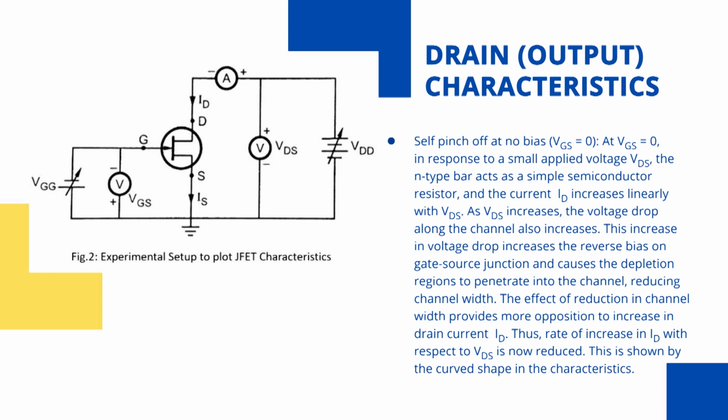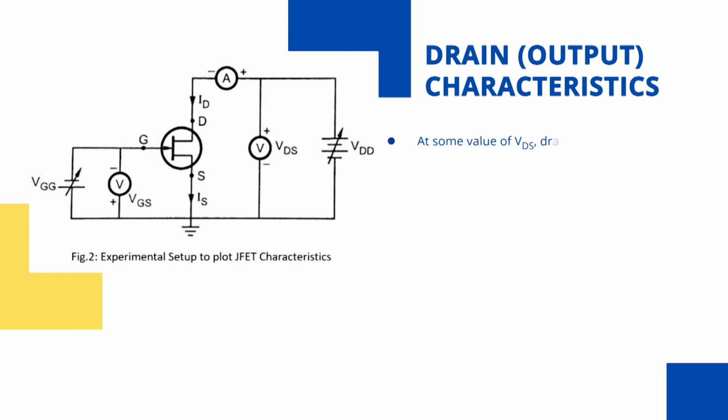The reduction in channel width provides more opposition to the increase in the drain current, that is ID. Thus, the rate of increase in the drain current with respect to the drain voltage is now reduced. This is shown by the curve shape in the characteristics.